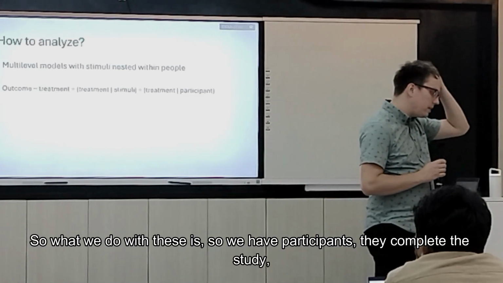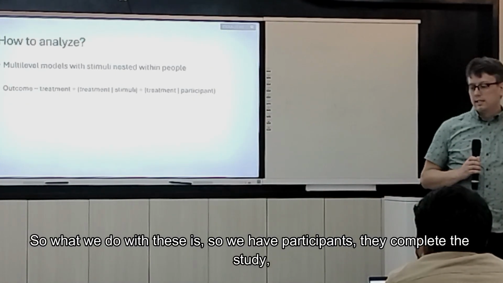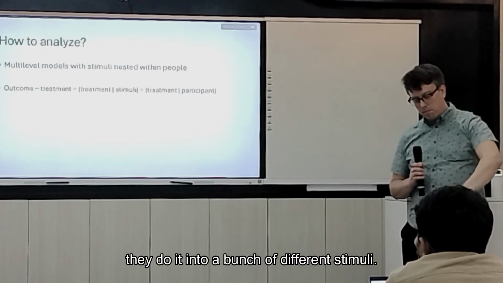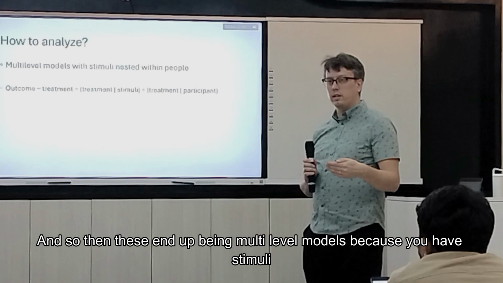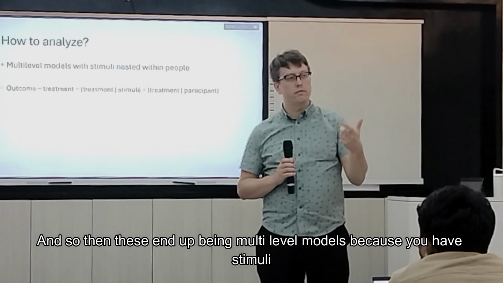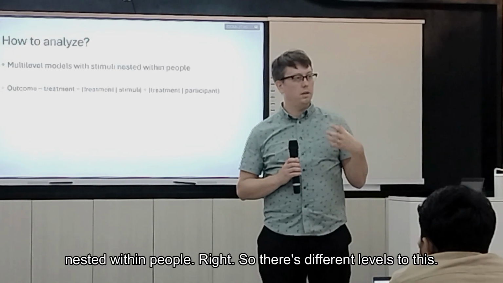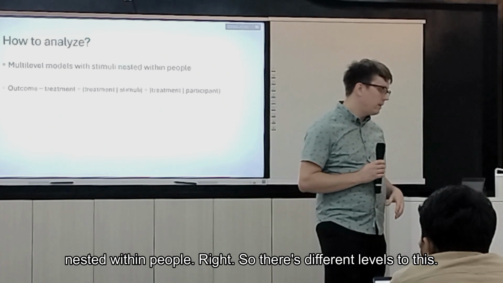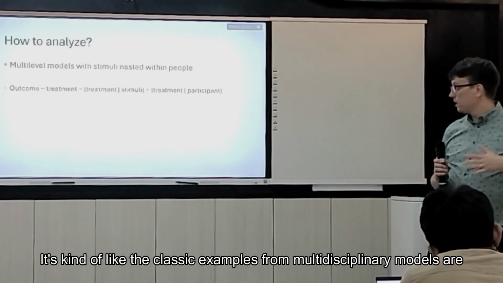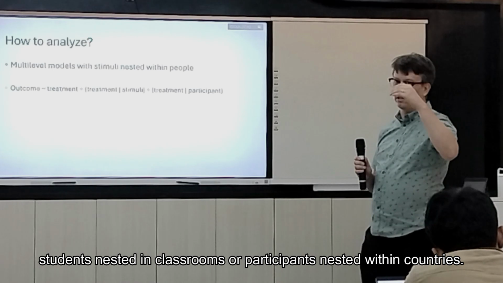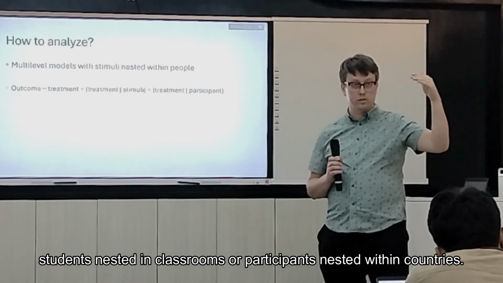So what we do with these is, we have participants, they complete the study, they respond to a bunch of different stimuli, and so these end up being multi-level models because you have stimuli nested within people. So there are different levels to this. The classic examples for multi-level models are students nested in classrooms or participants nested within countries.